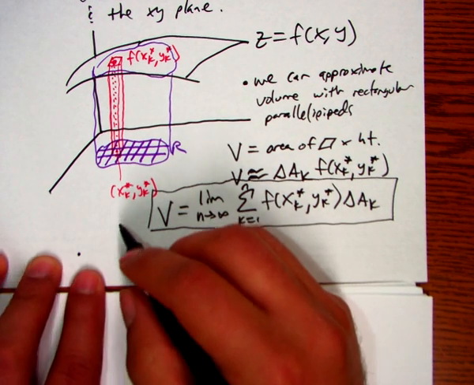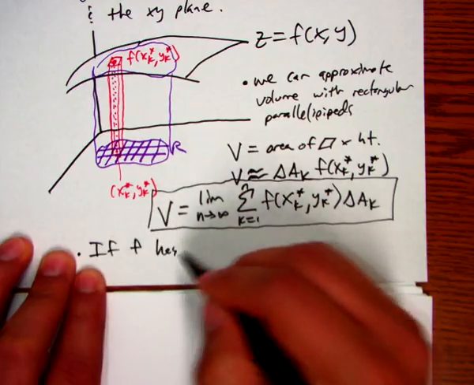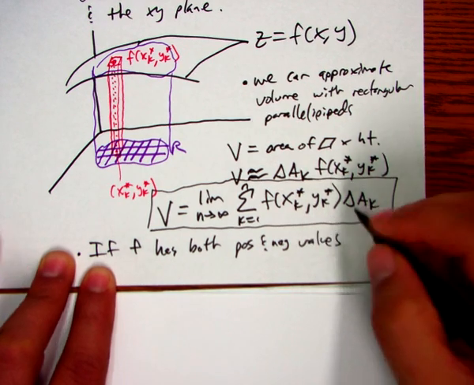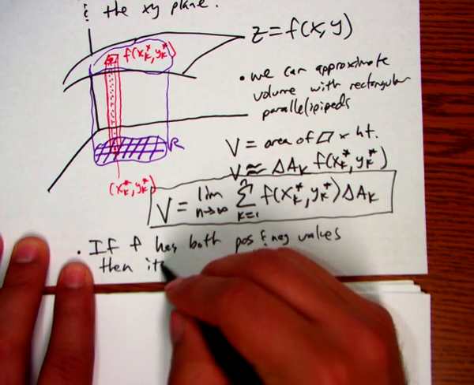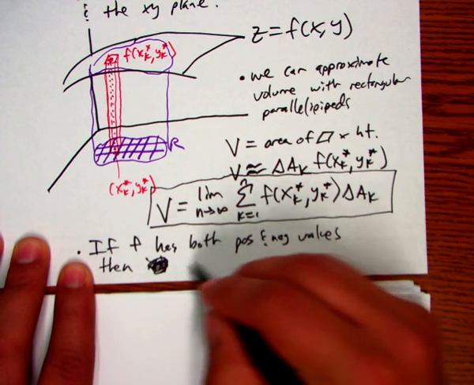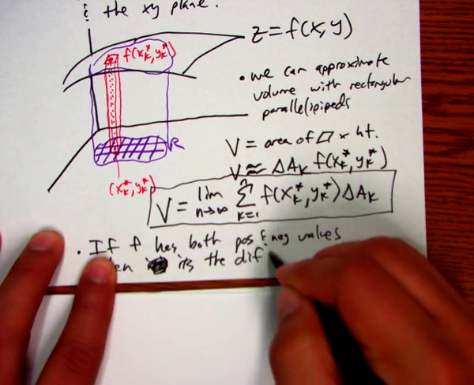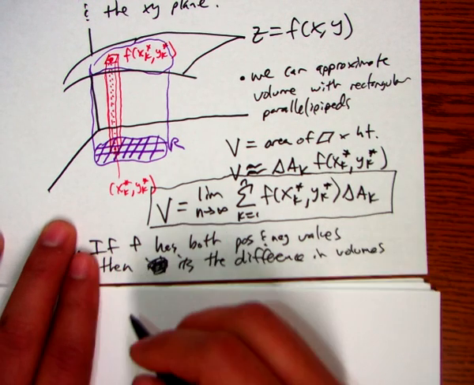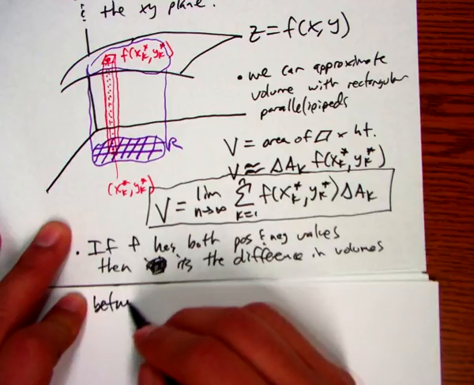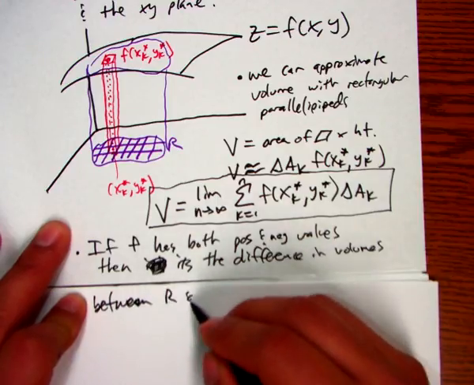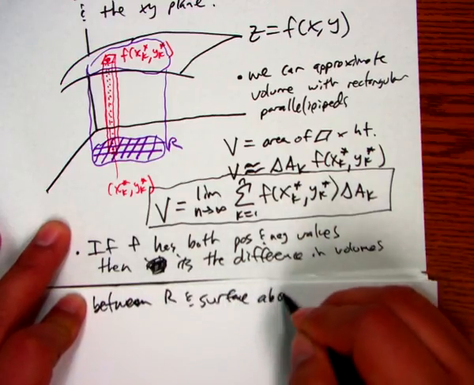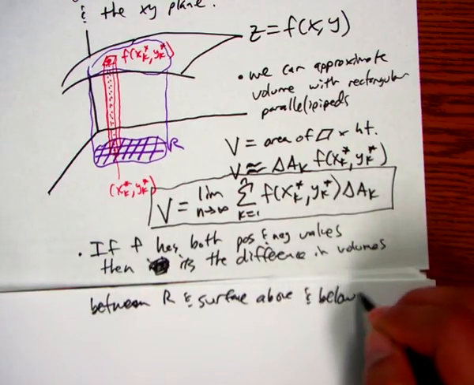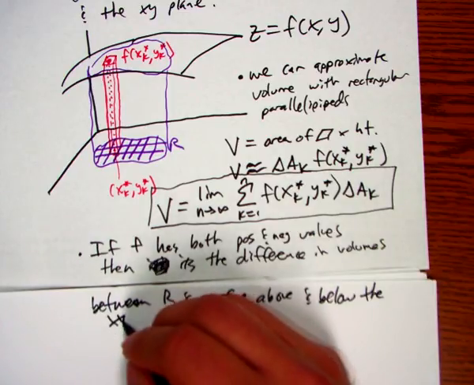So if f has both positive and negative values, then it's the difference in volumes between R and the surface above and below the xy plane.